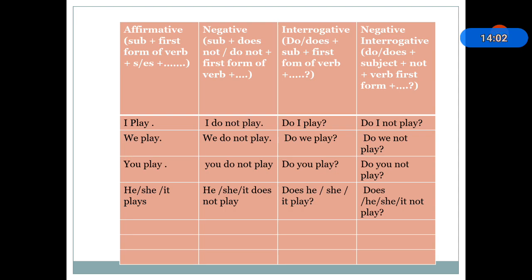But in the last example, he does not play, she does not play, it does not play, we are talking of the third person, and that too singular. So with this we add s. We have added es to the first form of verb do, with not also. Does not we have used, and the first form of verb play.